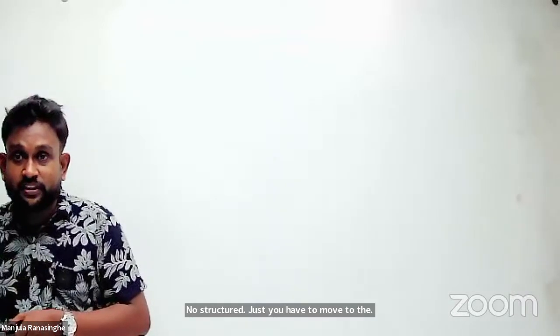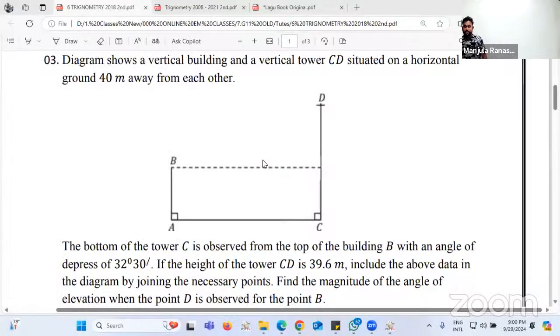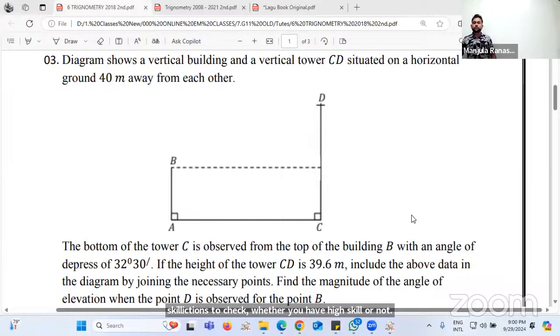Right, now draw this sketch. High skill questions, to check whether you have high skill or not. Just sketch.